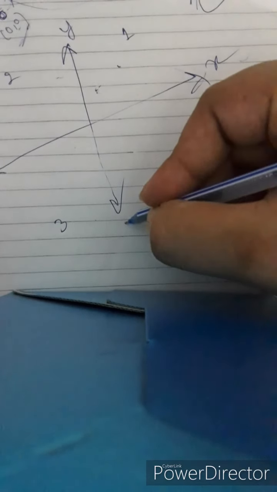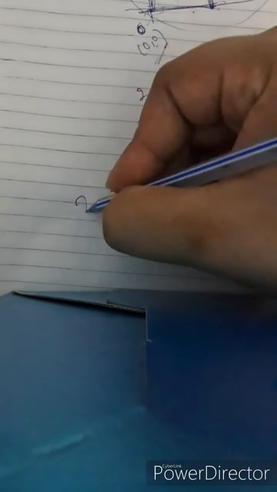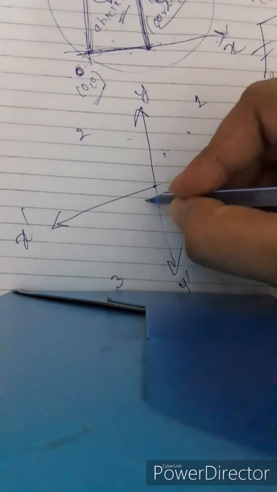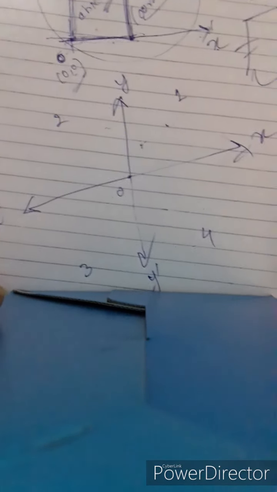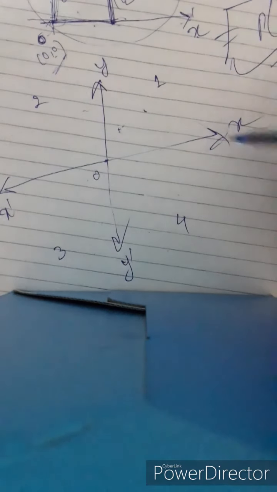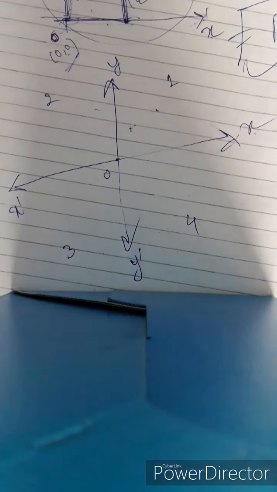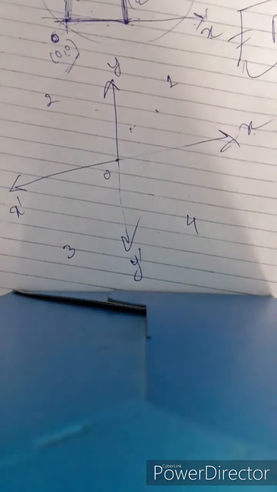So x-axis is here, y-axis is here, this is the y negative axis, this is the x negative axis. This is the point of intersection, which is the origin. I hope you are able to understand. I'll draw it a bit closer so that you are able to see. This is the x-axis, this is the x negative, this is the y, this is the y negative, and these are the four quadrants, 1 2 3 4.